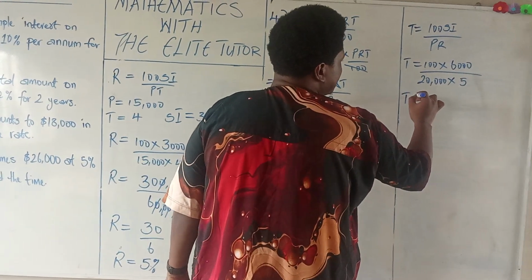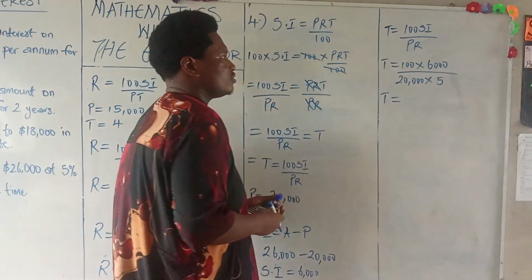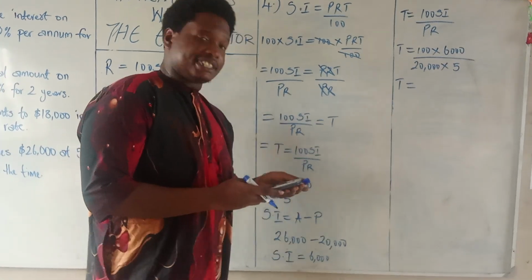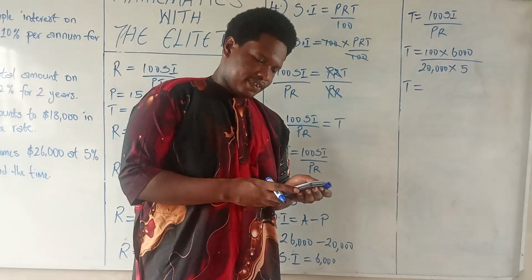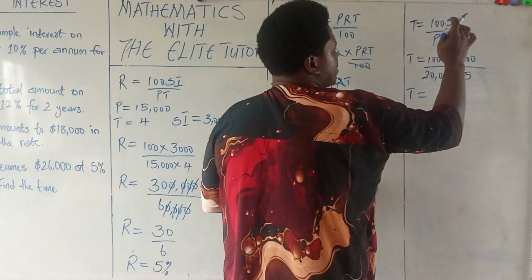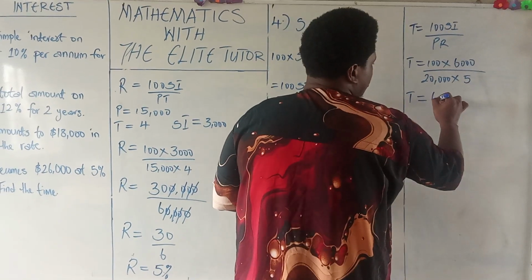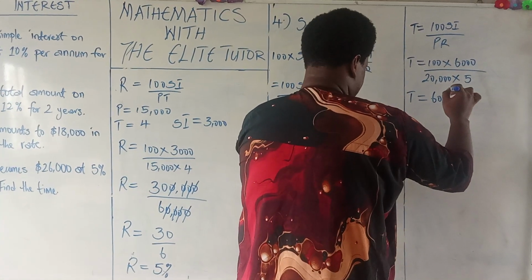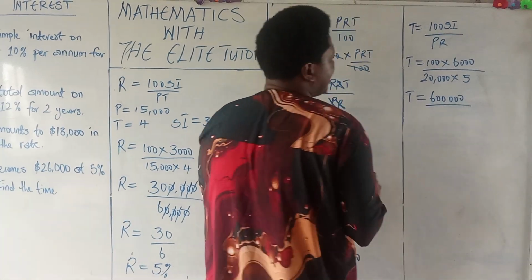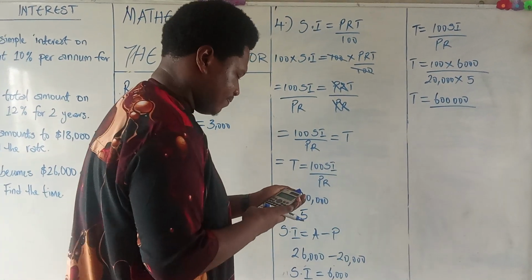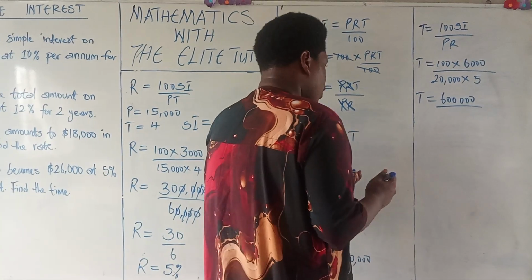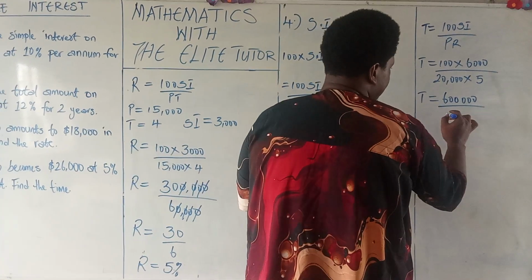So we have that T is equal to 100 times 6,000. Let's confirm: 100 times 6,000 will give us 600,000. And 20,000 times 5 we have 100,000.